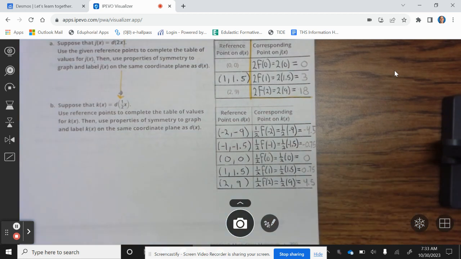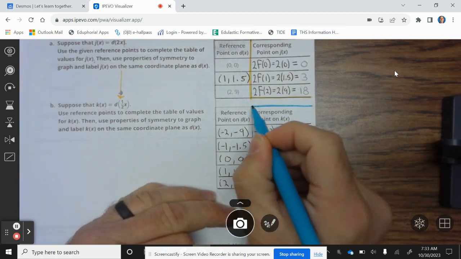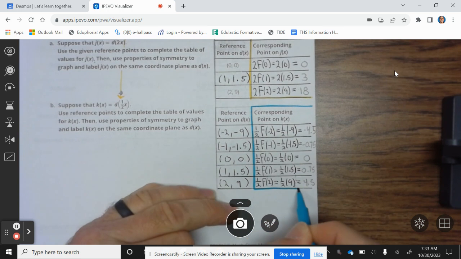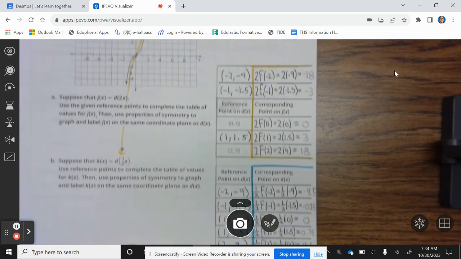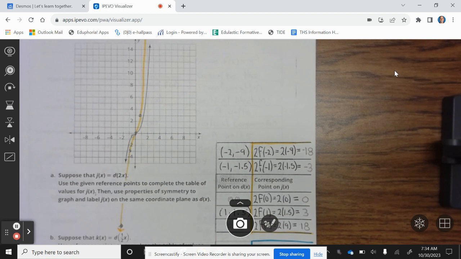All right, let's go ahead and graph this in blue. Okay.